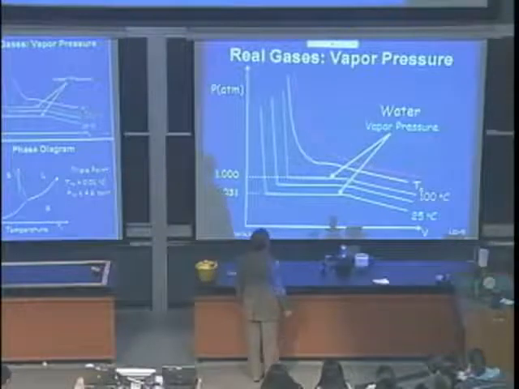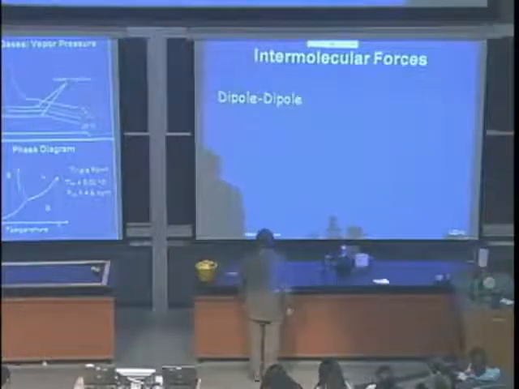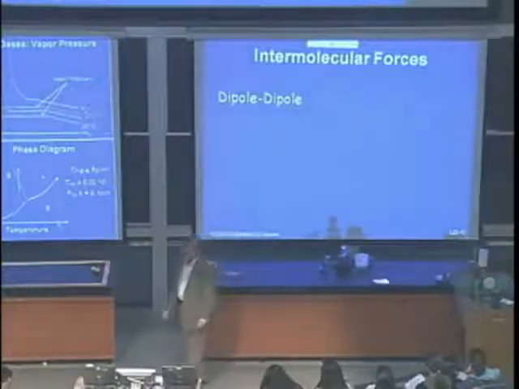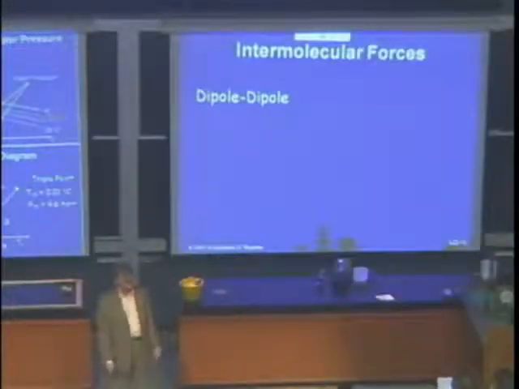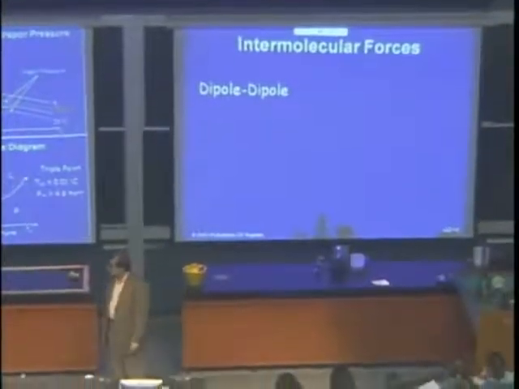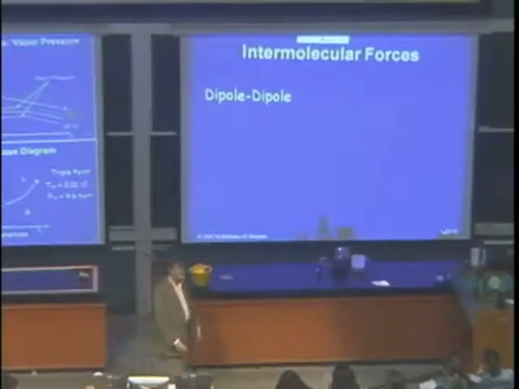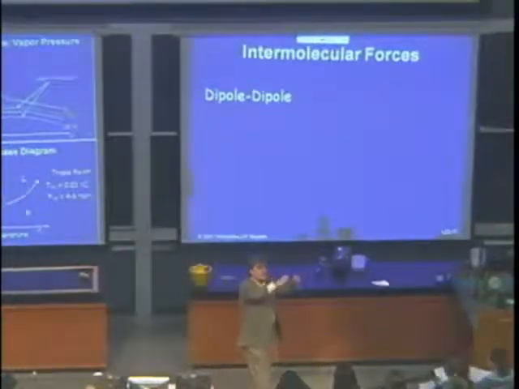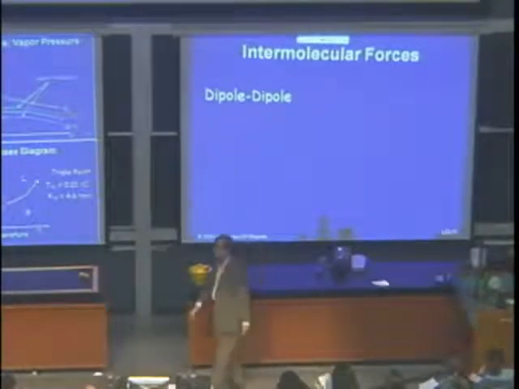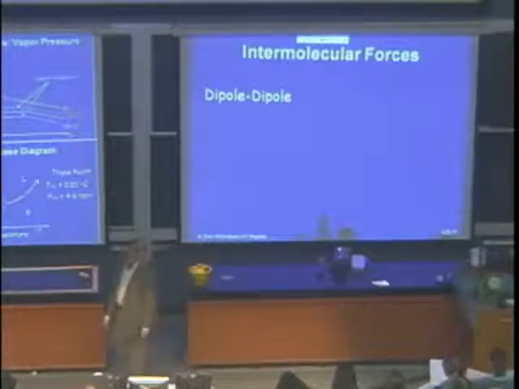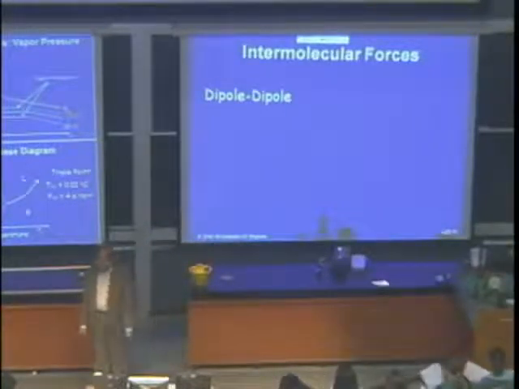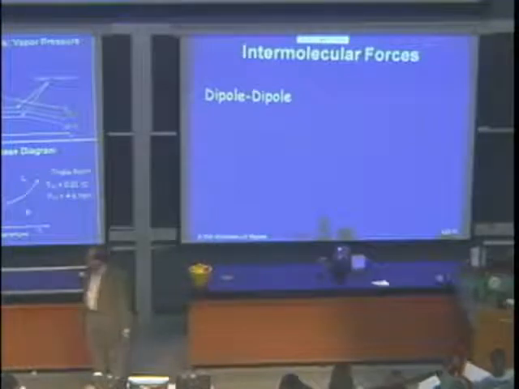So the question now is, why is that gas not behaving ideally? When we defined an ideal gas, we said these are particles that can bump into each other, but they don't interact with each other, okay? And if they don't interact, they stay in the gas phase.